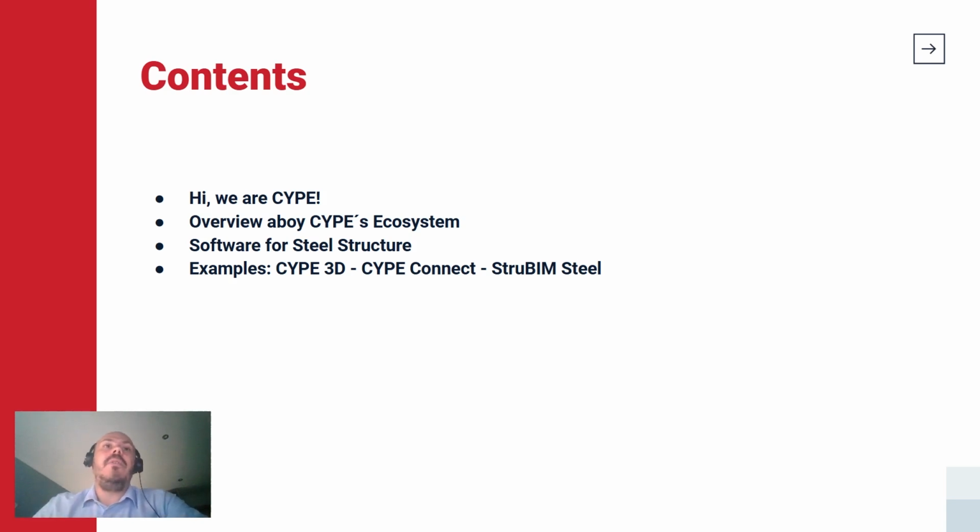Then we'll see a little overview about the Cype ecosystem, just to introduce how our software works, and then jump to an example related to steel structures and see this case of manufacturing of these structures. And in the end, as I said before, we will see an example of this theoretical part, showing a little workflow using Cype 3D, Cype Connect, and Turbine Steel, that are three of our main tools for steel projects that are available in our portfolio nowadays.